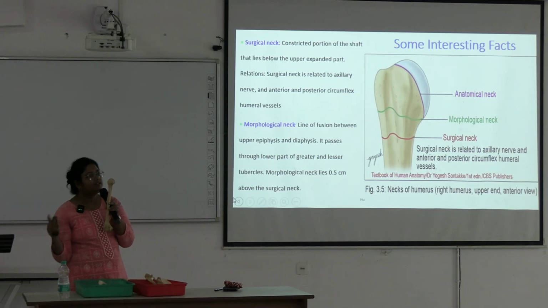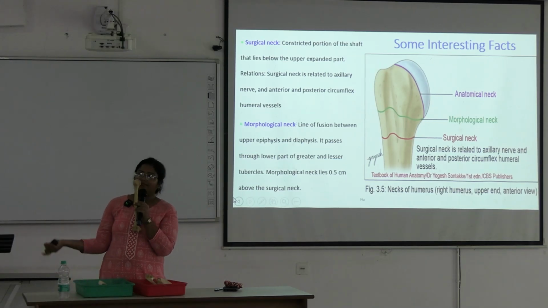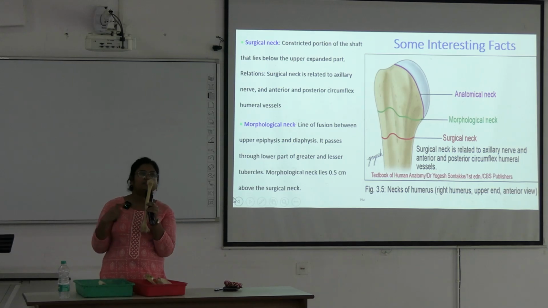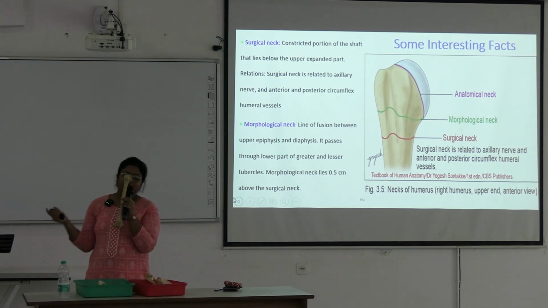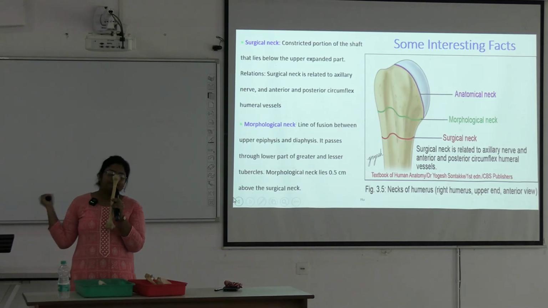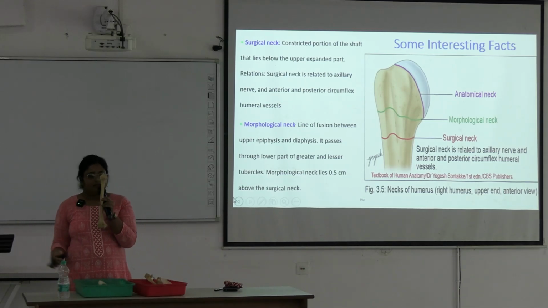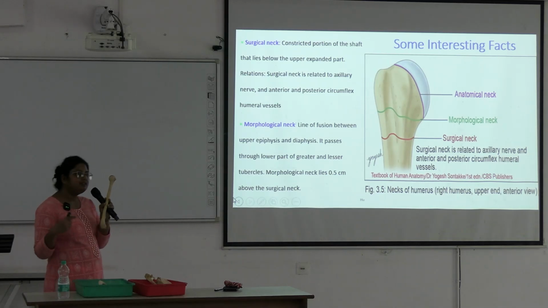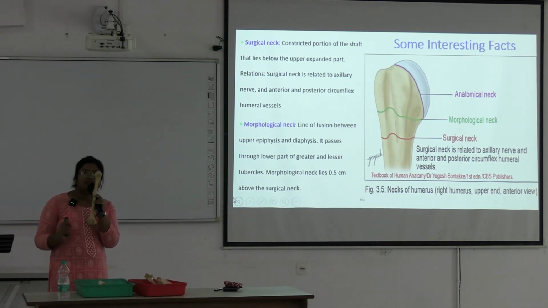If the axillary nerve is damaged, the deltoid muscle is paralyzed. The deltoid muscle is supplied by this axillary nerve. So there will be loss of abduction of the upper arm. Abduction is not possible. The main abductor muscle of the shoulder joint is the deltoid.